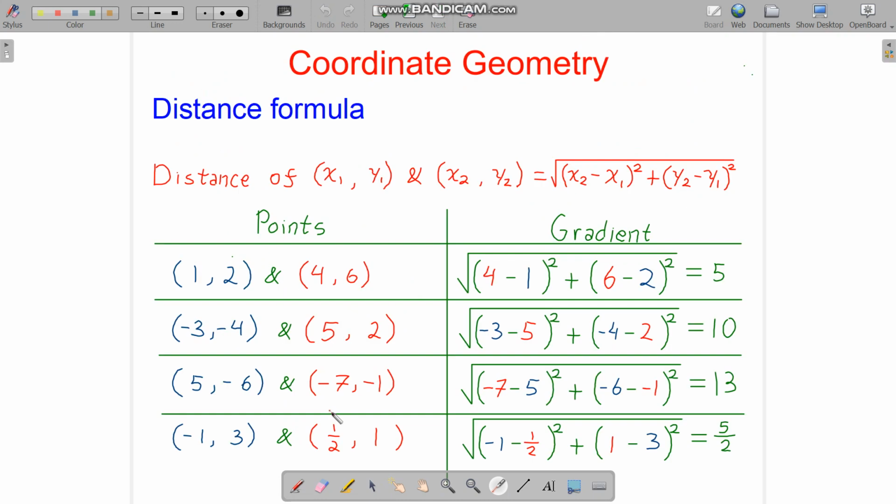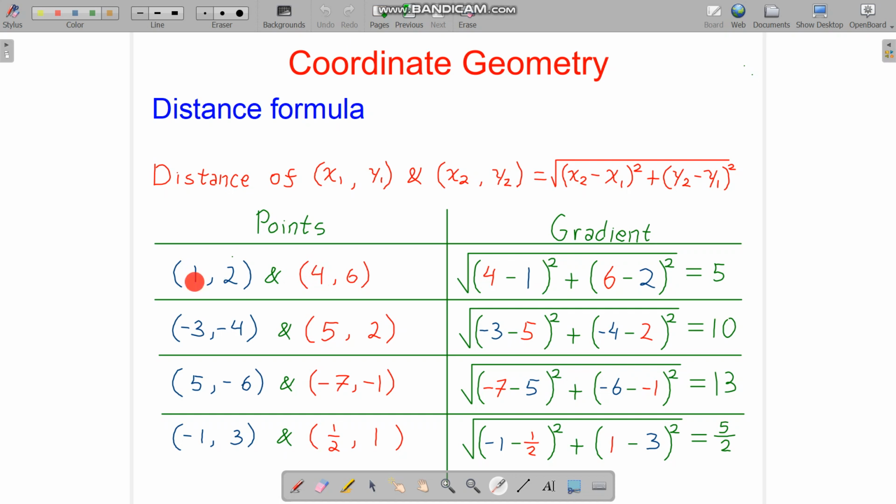Now the distance formula. So we subtract the x values and then we square it, subtract the y values and then we square it, and then we add and we take the square root of everything. So this is using the Pythagorean theorem actually. For the first example, we can do the right x value 4 minus the left x value 1.